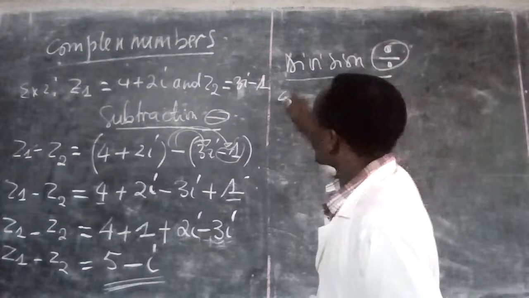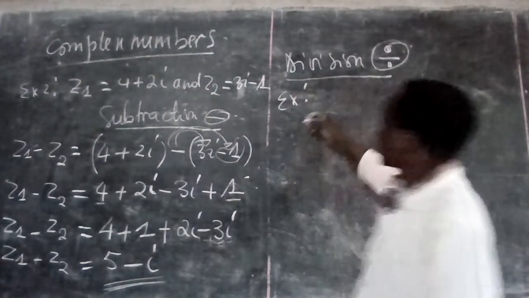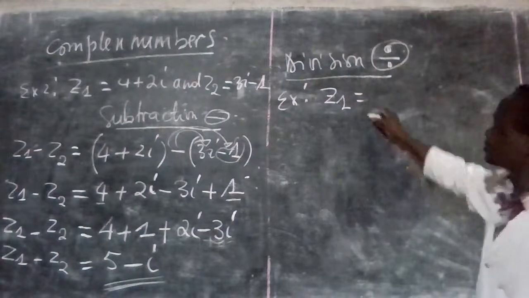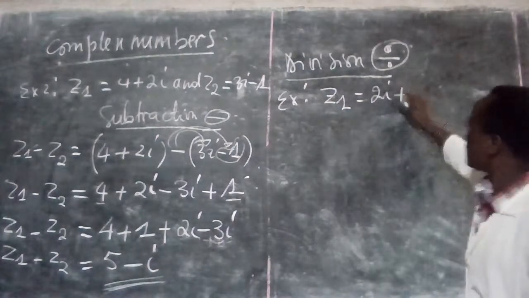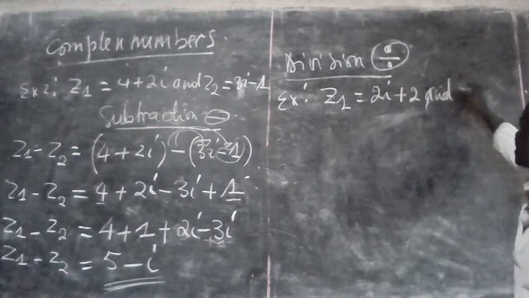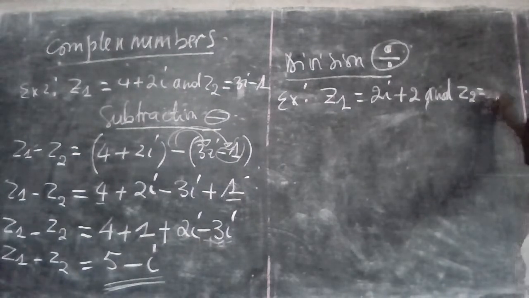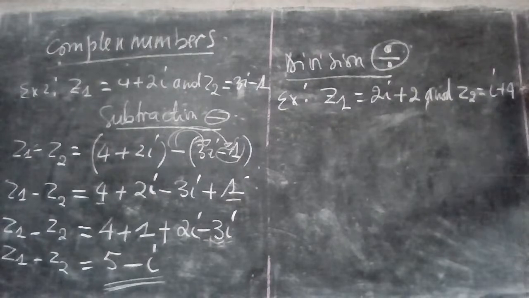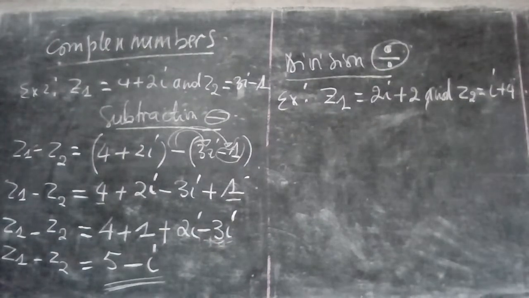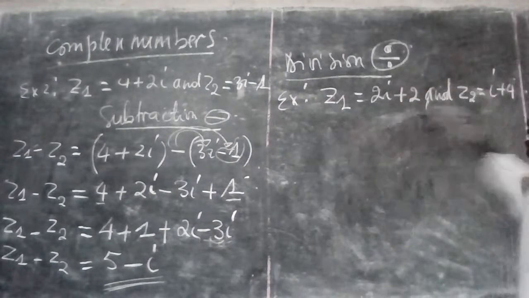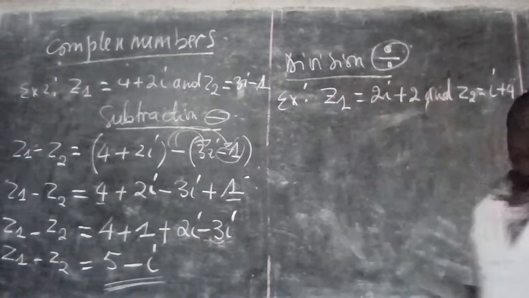For example, let us have Z1, which is equal to 2i plus 2, and Z2 is i plus 4. Yes? Now for this, how should we do a division of complex numbers?